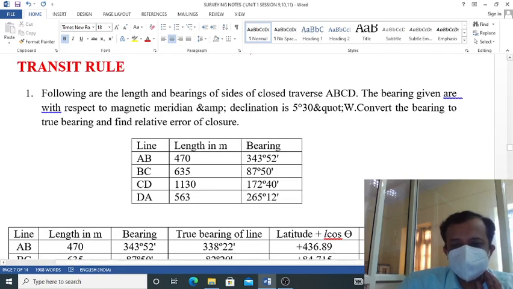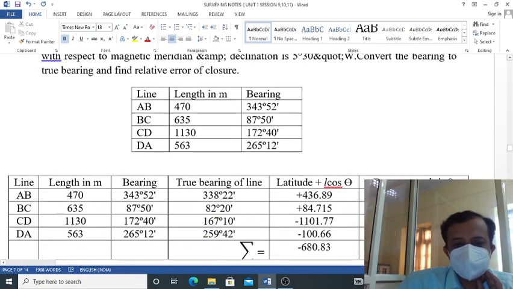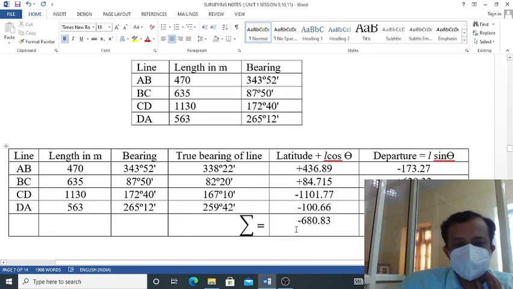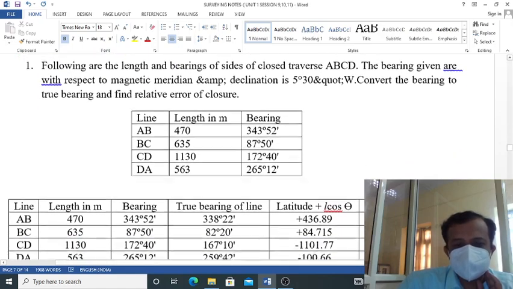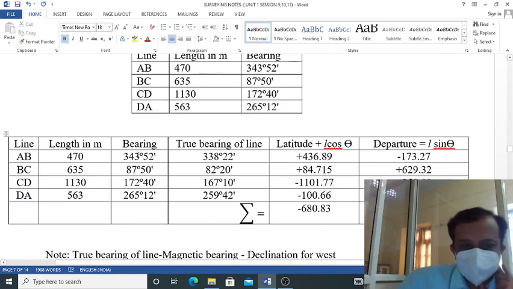The declination given is 5 degrees 30 minutes. Based on the declination, we calculate the true bearing. To find the true bearing, subtract the declination, 5 degrees 30 minutes, from the bearing. That gives you the true bearing.